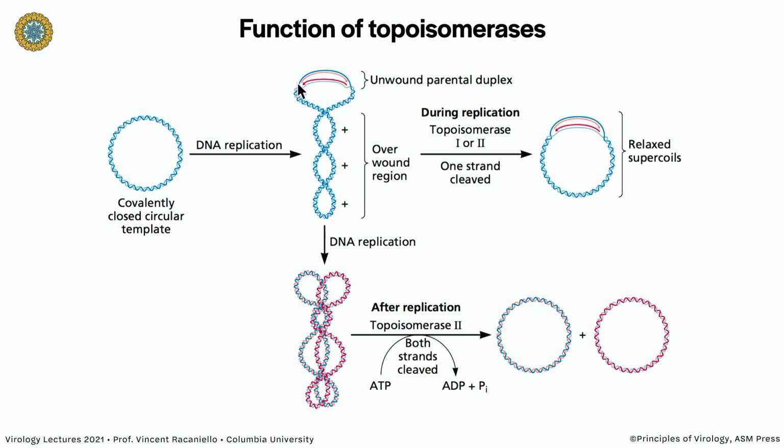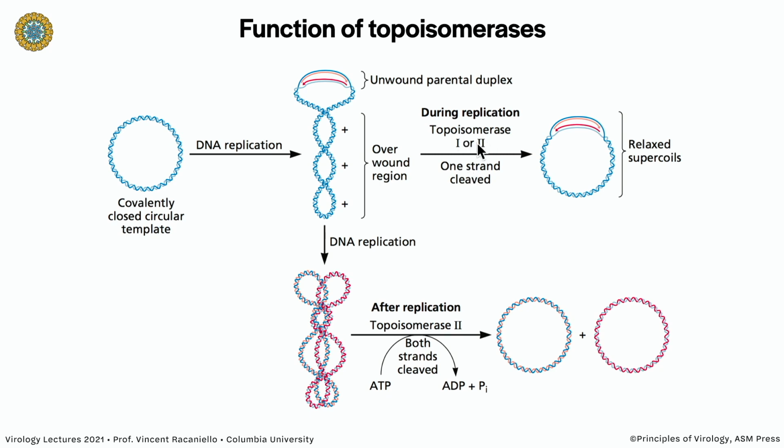As you unwind this and it gets bigger, the rest of the molecule gets overwound, because this is a circle. We're separating the two strands, and as we make new DNA, the rest of the molecule gets twisted. DNA synthesis would come to a halt if we didn't relieve this torsion. And that's the function of topoisomerase, one of them.